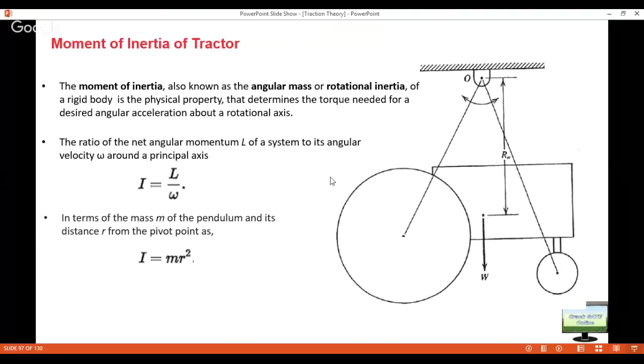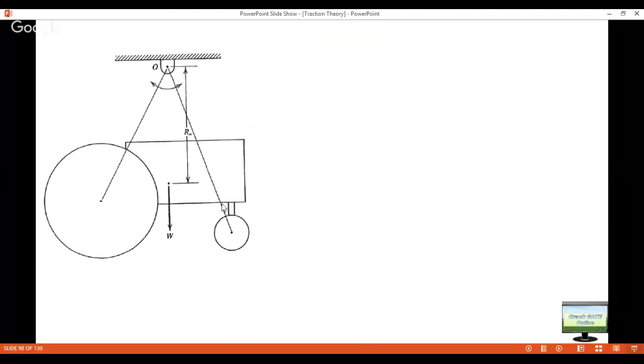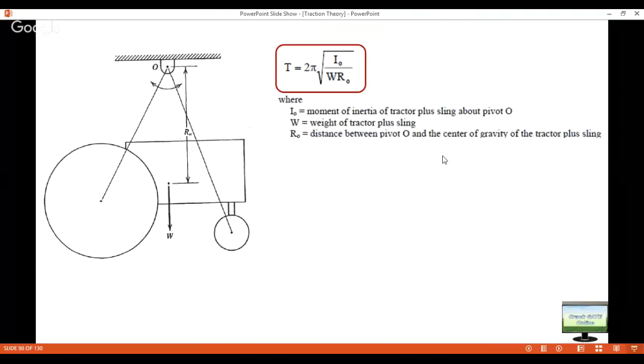Okay, for this tractor, what is of our concern in this case is the time period. So guys, this will be the time period of this body: T equals 2 pi under root I naught by W R naught. I don't think I need to explain this, because this is a simple pendulum time period.